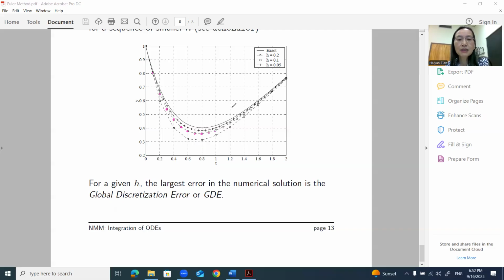That curve shows a better approximation compared to the previous one when we chose 0.2 and now we choose 0.1. So we get a better approximation.